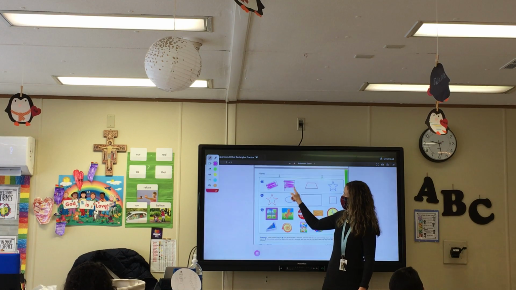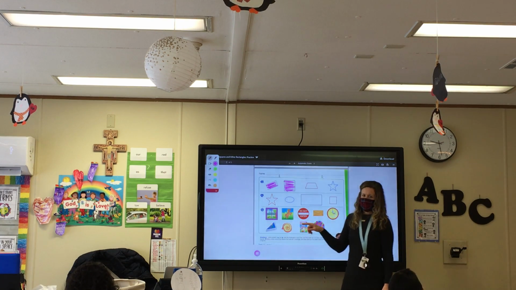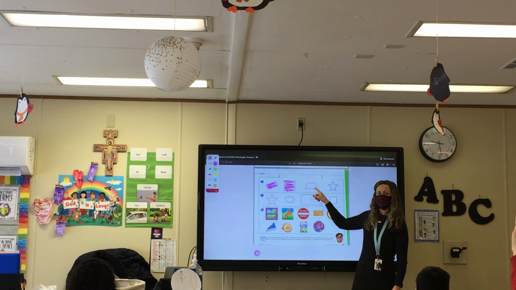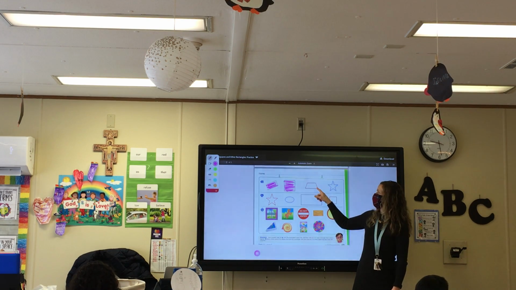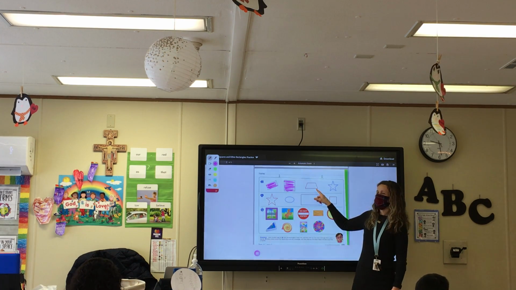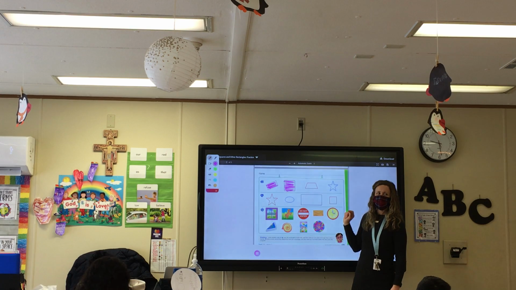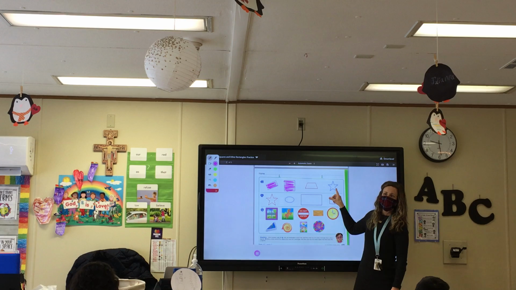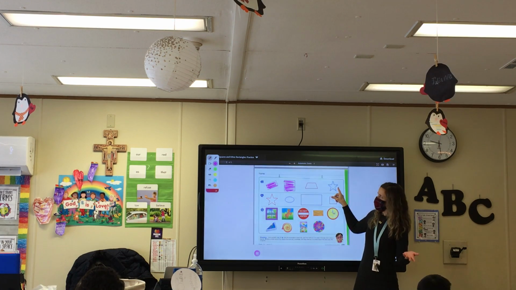It's a rectangle. Okay, what about the next one? Does anyone know what that's called? Jenna? No, not a pentagon. Valentina? No. Everyone ever heard of a trapezoid? This is a trapezoid. Okay, what about the last shape? What's that one, everyone? Okay.